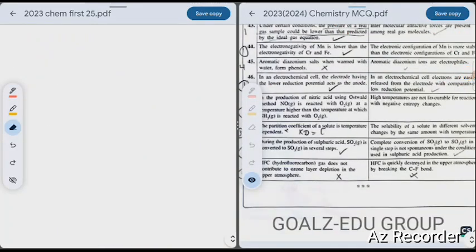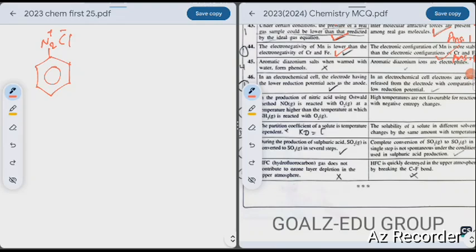45th question. Aromatic diazonium salts when warmed with water form phenols. So let's take this. Aromatic diazonium salts: it is like this, N2+ Cl−. It reacts with what?